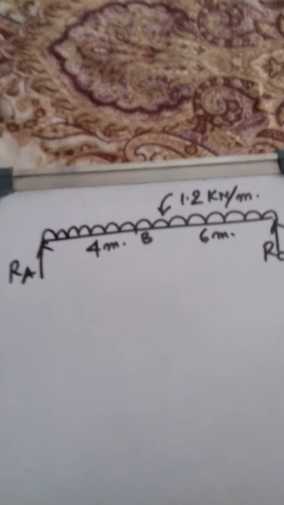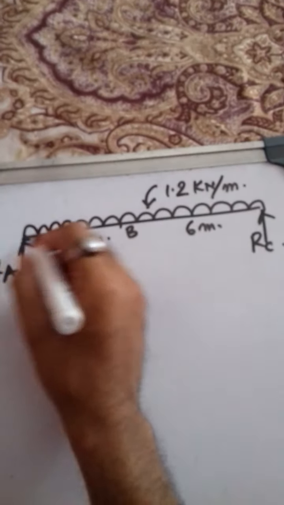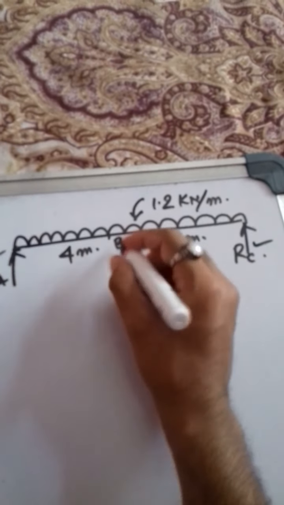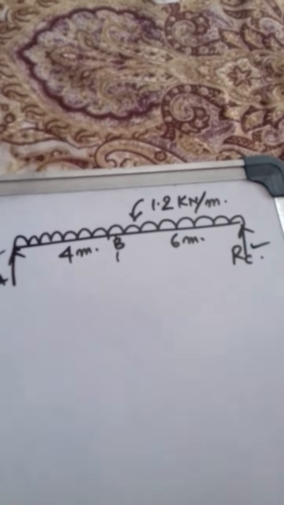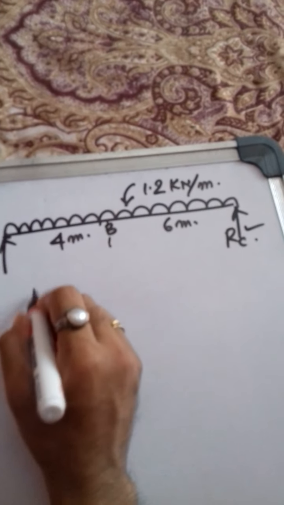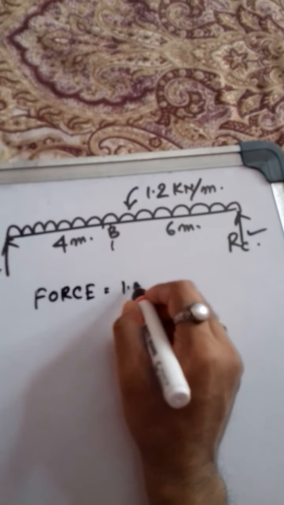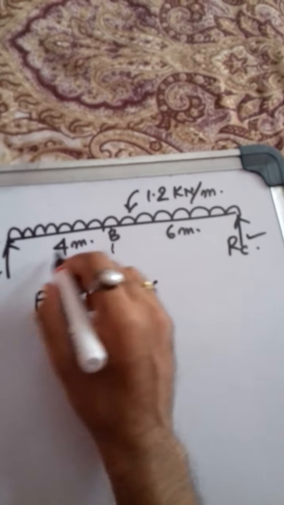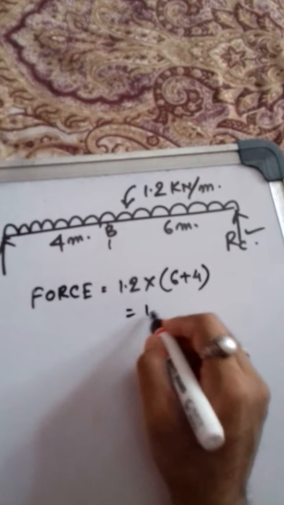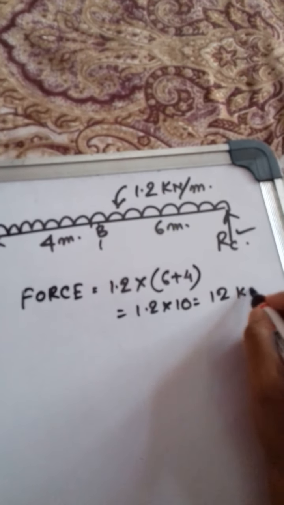So can any one of you tell me what is the total reactive force which is coming on RA, RC, and RB also we had provided? What is the total magnitude of force? We know it is UDL, so total force is equal to 1.2 multiplied by the distance, 6 plus 4, 1.2 into 10, 12 kilonewton.